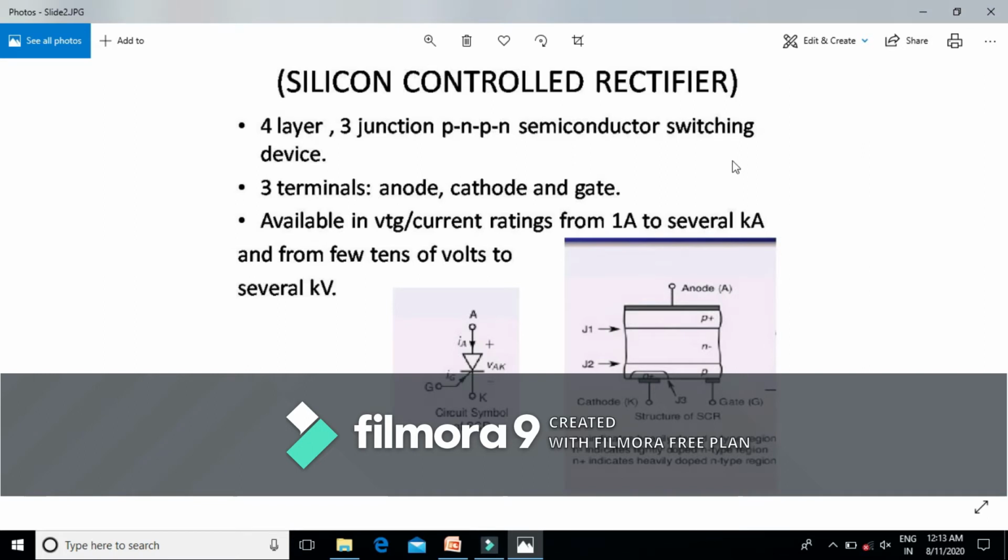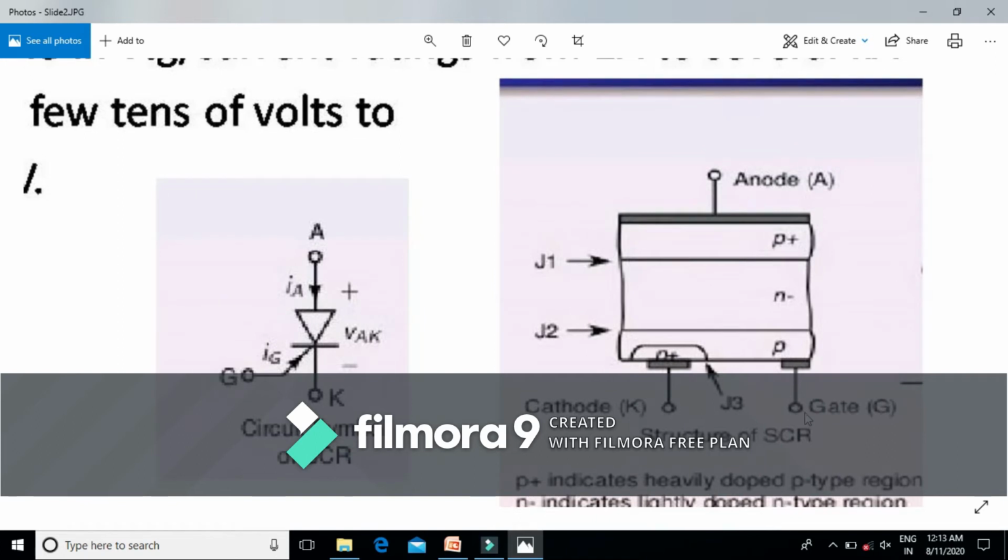Now the construction of the silicon controlled rectifier or SCR. It is a four-layer, three-junction PNPN semiconductor device having three terminals: anode, cathode, and gate. A represents anode, K represents cathode, and G represents the gate.